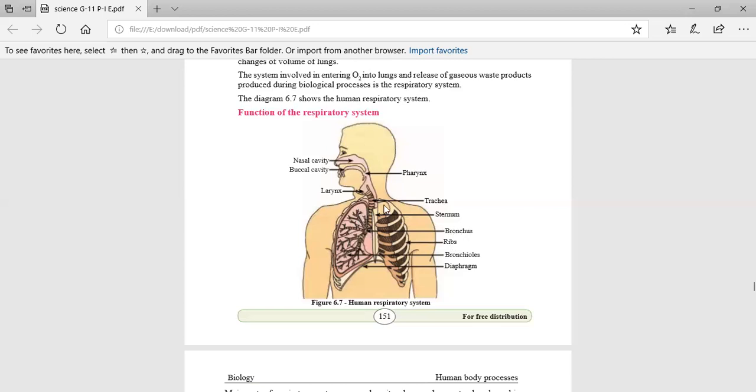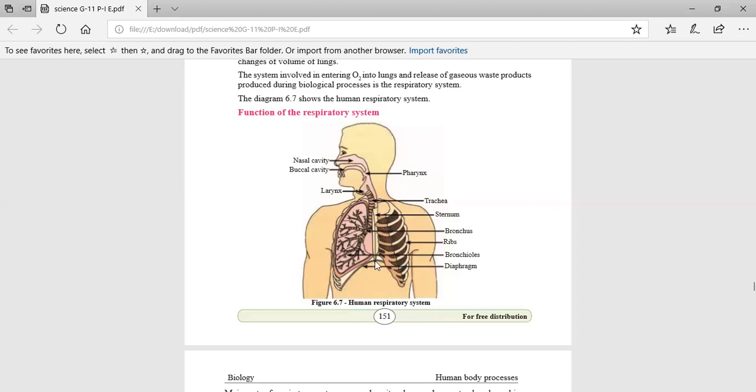And again, the trachea divides into branches to the left and right. The bronchioles again branch and divide into smaller parts.